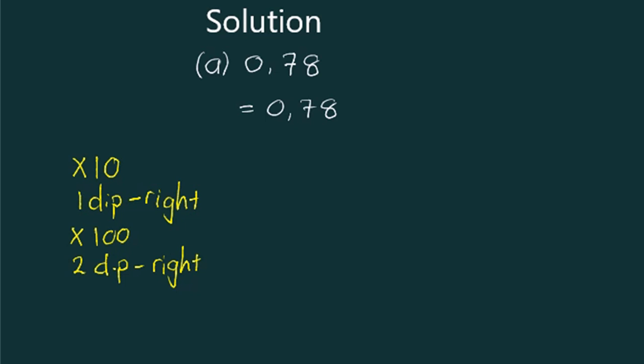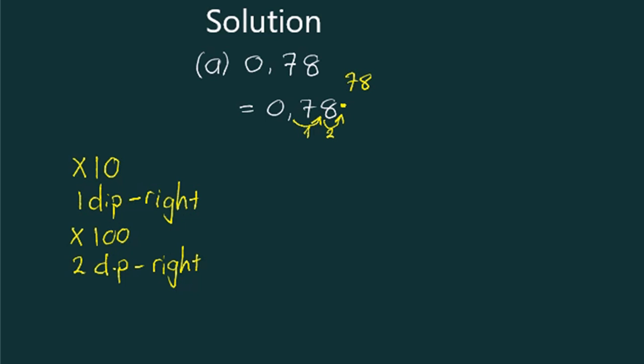So the smallest multiple of 10 that I can multiply 0.78 with should be one that will cause the decimal point to move from here to here. It will move how many times? 2 decimal places. So that should be 100, and that will make 0.78 become 78.